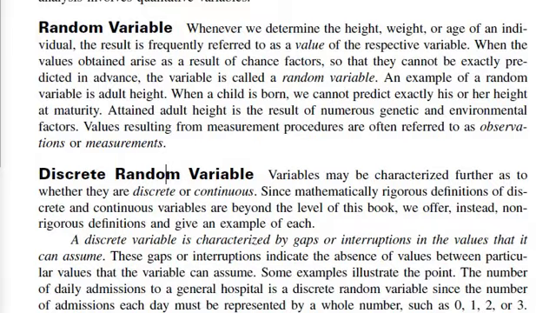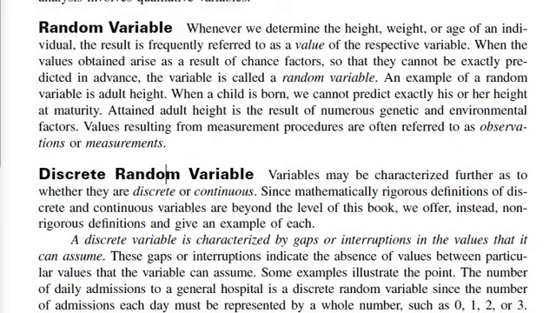Random variable. Whenever we determine the height, weight, or age of an individual, the result is frequently referred to as a value of the respective variable. When the values obtained arise as a result of chance factors, so that they cannot be exactly predicted in advance, the variable is called a random variable.